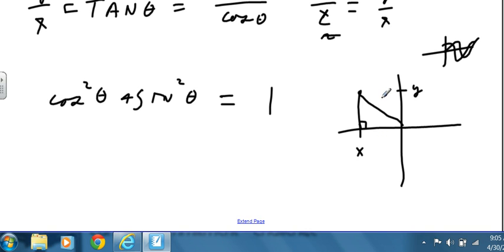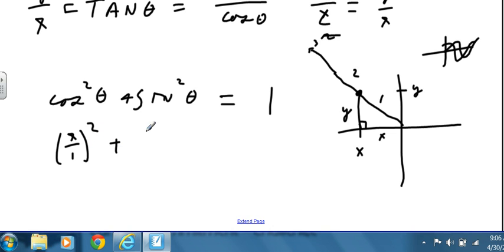If r were 1, it really doesn't matter if r is 1, or over here where r is 2, or over there where r is 3, but r could be 1. If r was 1, then this side's x and that side's y. And if I do cosine squared plus sine squared, I'd have x over 1 squared plus y over 1 squared is equal to 1.